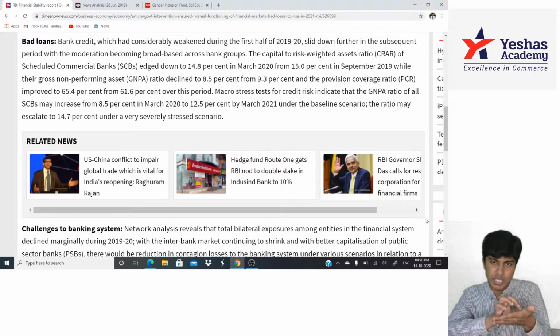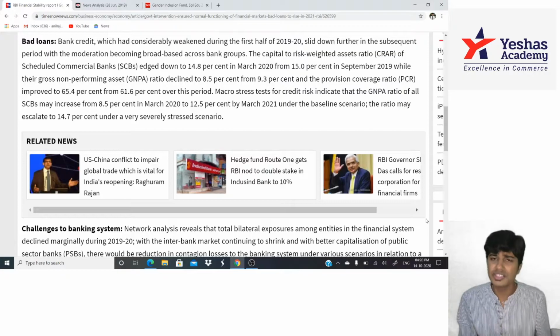In that schedule, if a bank's name is there, that's a scheduled commercial bank. Examples: HDFC, HSBC, ICICI, Citi Bank, Lakshmi Vilas Bank, Karur Vysya Bank or Punjab National Bank. So all these are scheduled commercial banks. The ratio edged down to 14.8% in March 2020 from 15% in September 2019.